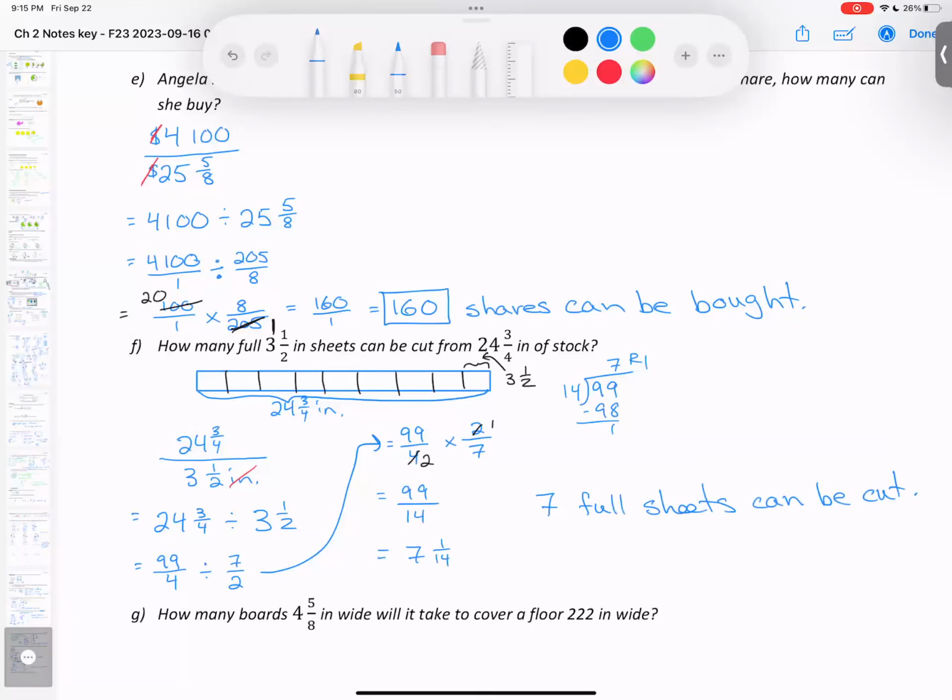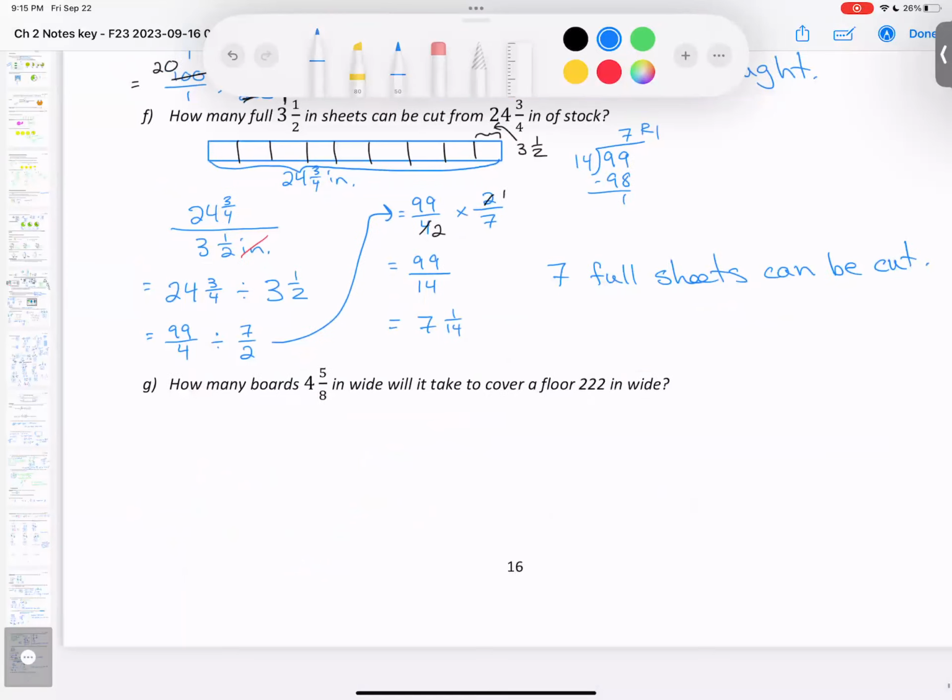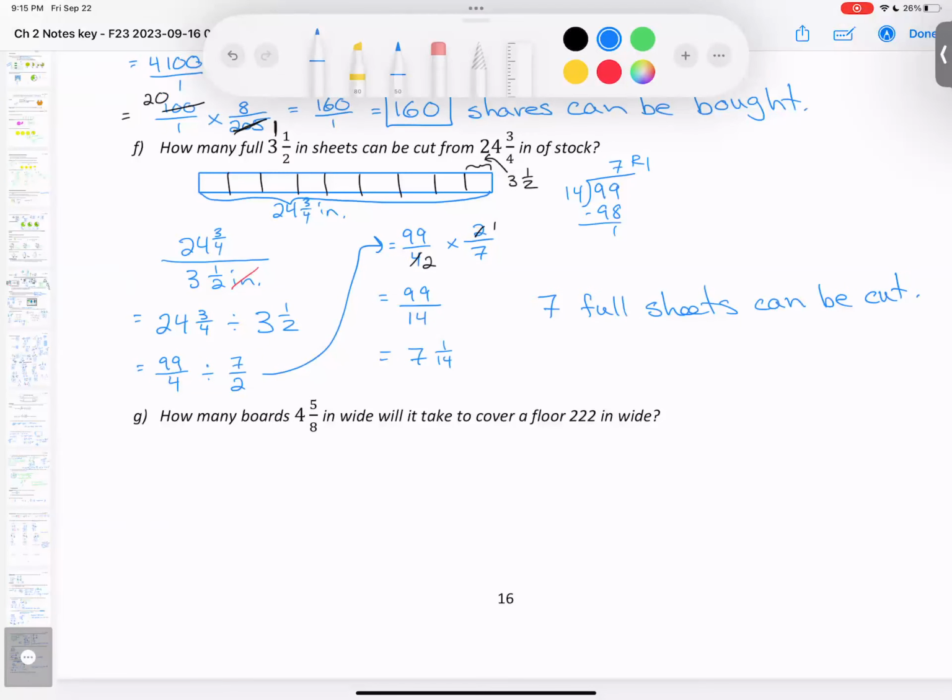All right, and last one here. So we want to know how many boards, 4 5/8 inch wide, it would take to cover a floor that's 222 inches wide. Okay, so we've got this floor here.